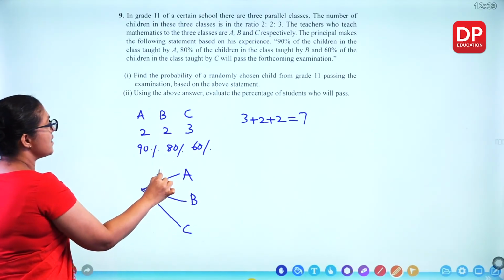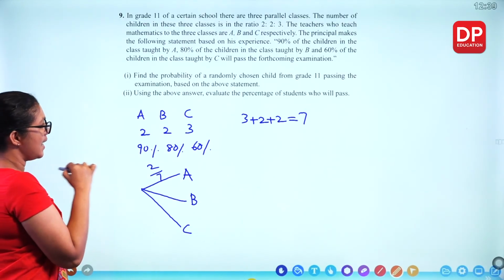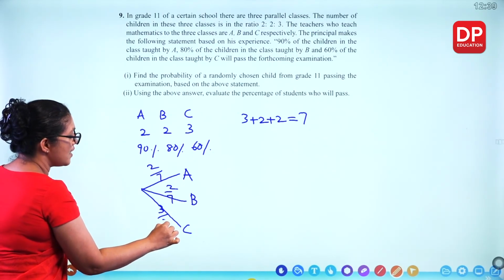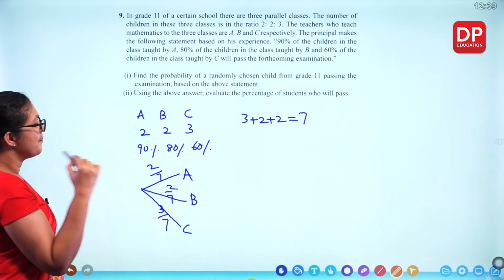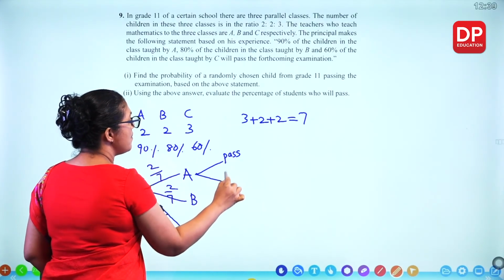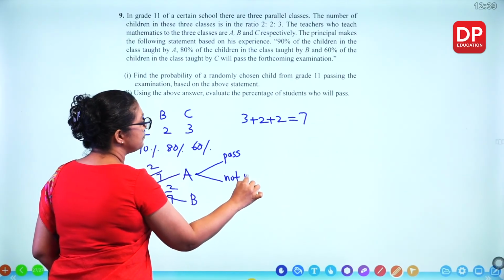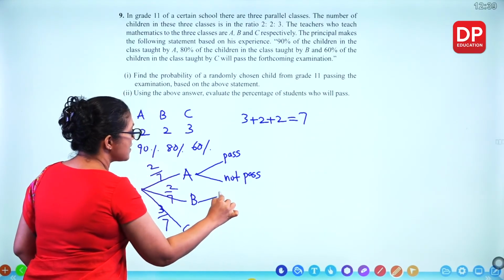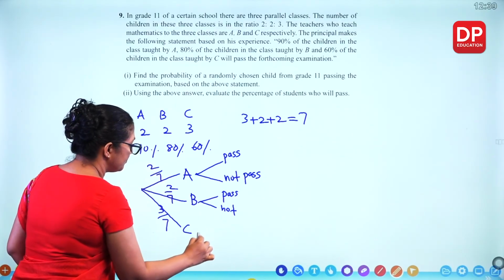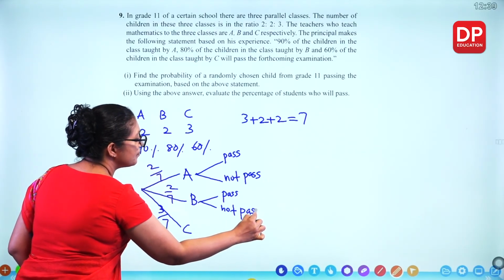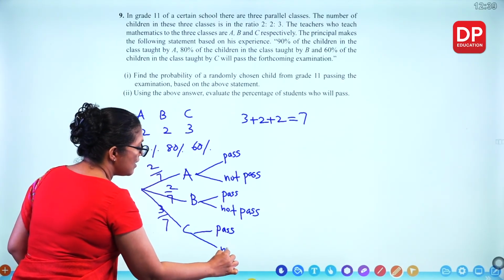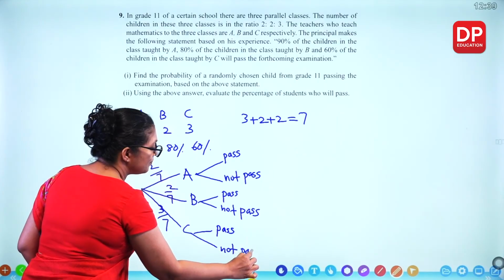Out of 7, 2 parts for A. Out of 7, 2 parts for B. And out of 7, 3 parts for C. Then you can think about passing the exam and not passing. Passing the exam, not passing. And here also passing the exam and not passing.